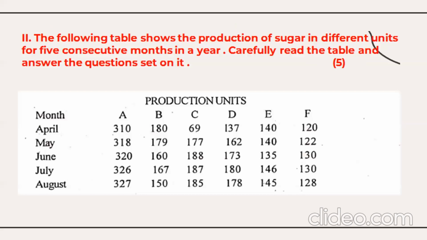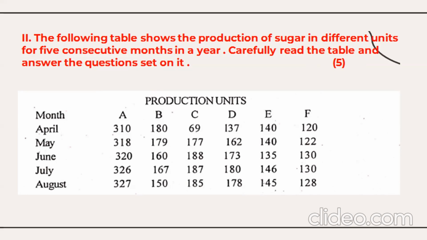So I have tried to get you a sample from the previous year's question paper. If you see here, it's a sample question from the previous year's question paper. The following table shows the production of sugar in different units for 5 consecutive months in a year. Carefully read the table and answer the questions. So we find here the months of March, April, May, etc., and production units.